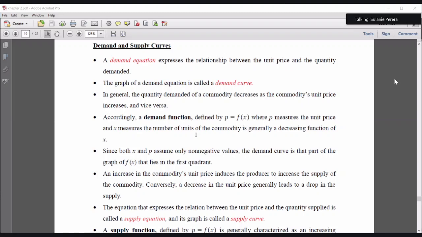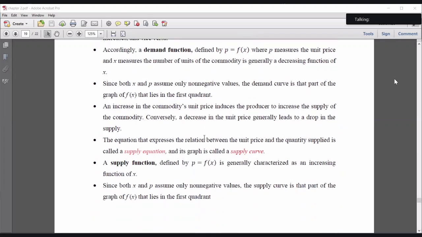So the equation that expresses the relationship between unit price and the quantity supplied is called the supply equation or the supply curve. A supply function is an increasing function of x. As the unit price increases, the quantity supplied will increase. Since both the quantity supplied and unit price are non-negative, this curve will also lie only in the first quadrant.